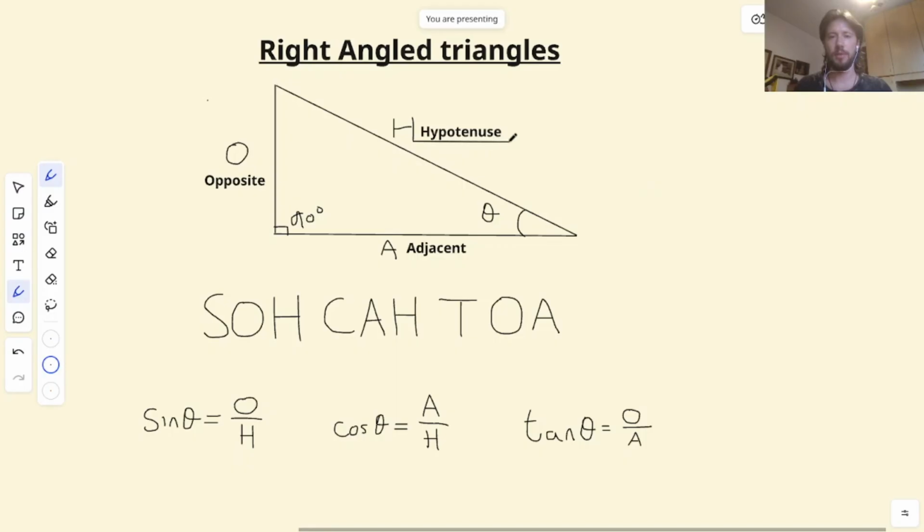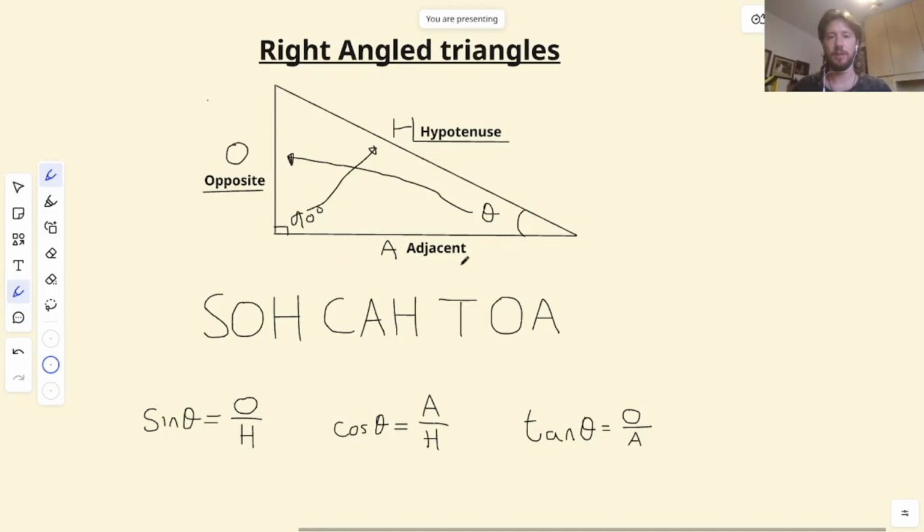First, we have the hypotenuse. The hypotenuse is always the longest side on a right-angled triangle, and you'll always find that exactly opposite to the right angle. Then we have the opposite. The opposite, in its name, is opposite to theta, the angle that we are dealing with in our trigonometry practice.